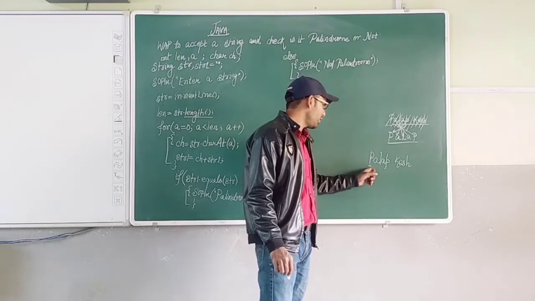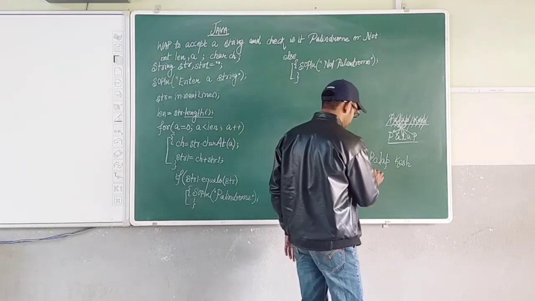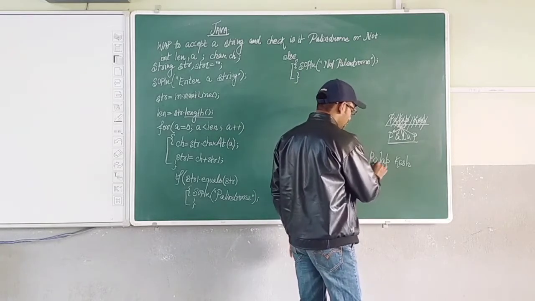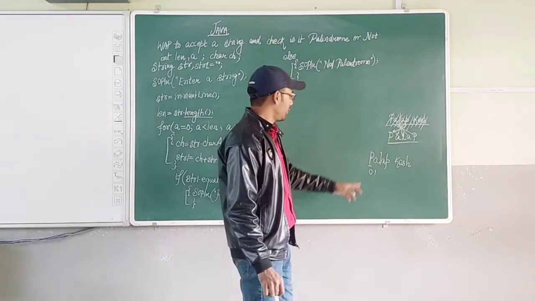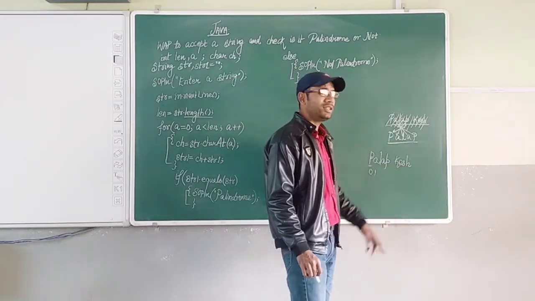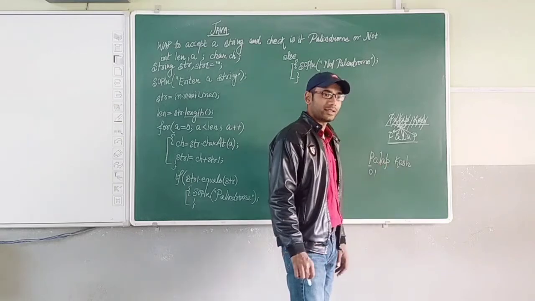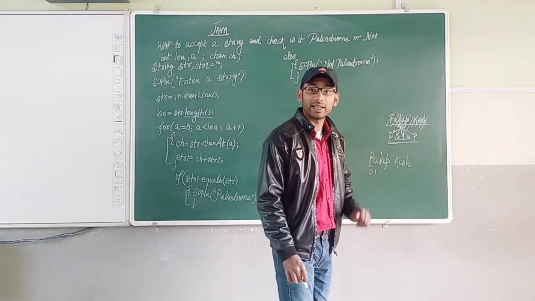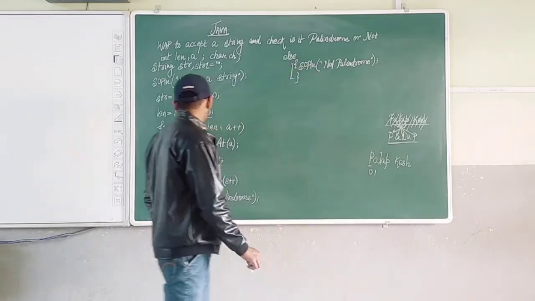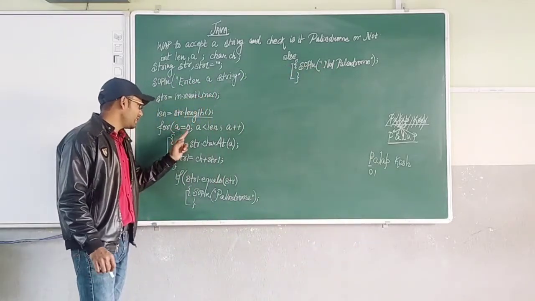But the position of the first character is 0. The position of the second character is 1. If we find out the length of this thing, the total length is 10. But the position of the last character will be 1 less, 9. That is why the value of a is 0.